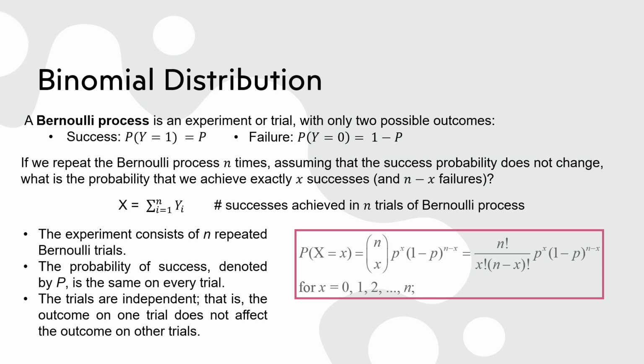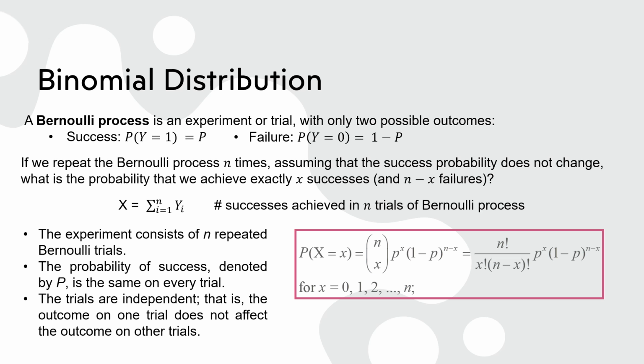The combination term accounts for the number of different ways we can arrange x successes in n trials. For example, if you toss a coin 3 times and want to know the probability of getting exactly 2 heads, the combination term would tell us there are 3 ways you can get 2 heads and 1 tail in 3 tosses. Probability of success to the power of x represents the probability of getting x successes. Since each success has a probability of p, you multiply p by itself x times.